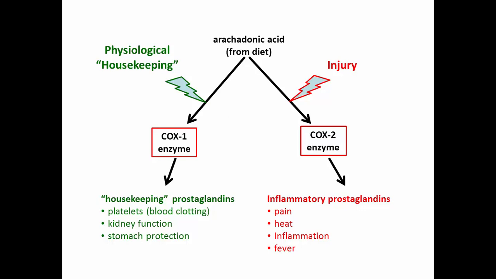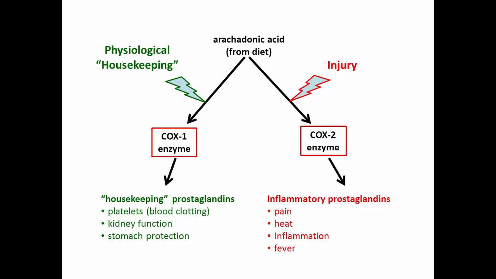Specifically, they're important for platelets, so to produce blood clotting. They're important to maintain kidney function, and they're also important in order to maintain the lining that protects our stomach, so that mucus lining that protects it from acid. Prostaglandins are important in helping keep that lining healthy.